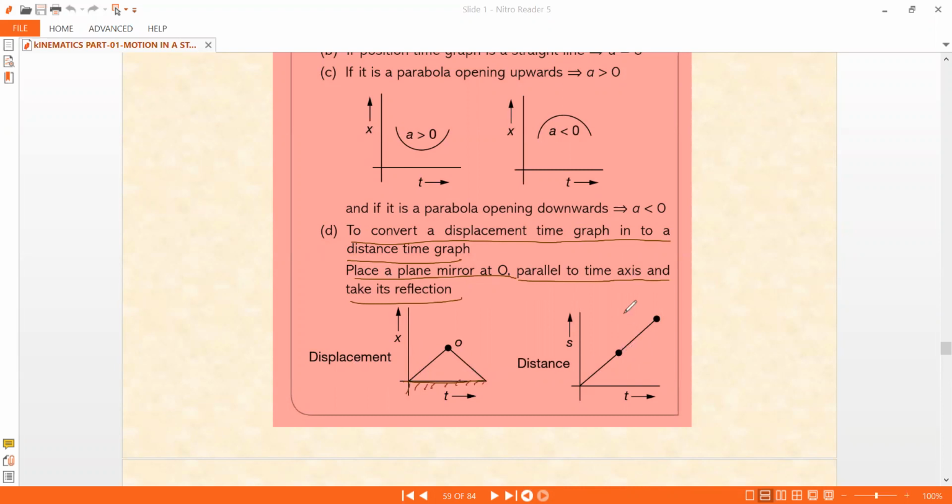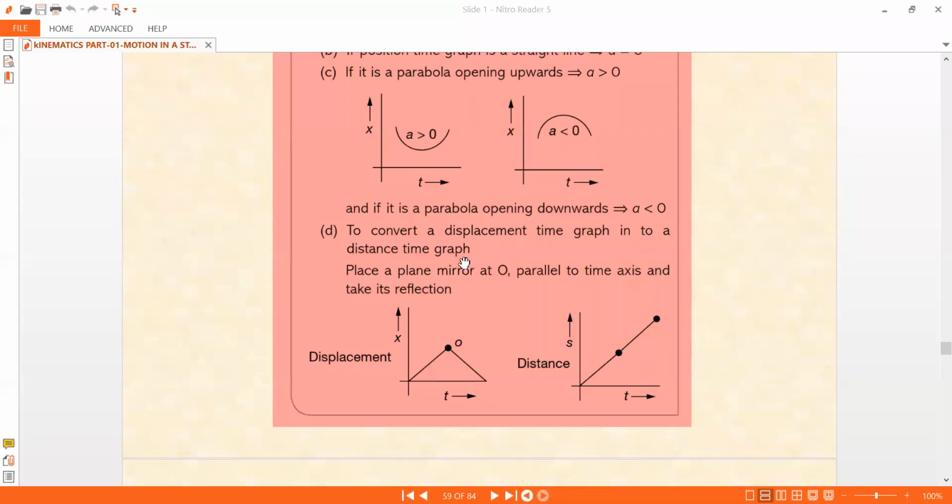When you take the reflection, you get this. So in distance versus time, you don't have the negative slope parts, right? The speed will always be positive. So turn it like this and you get it very simply. That's the trick to do this.